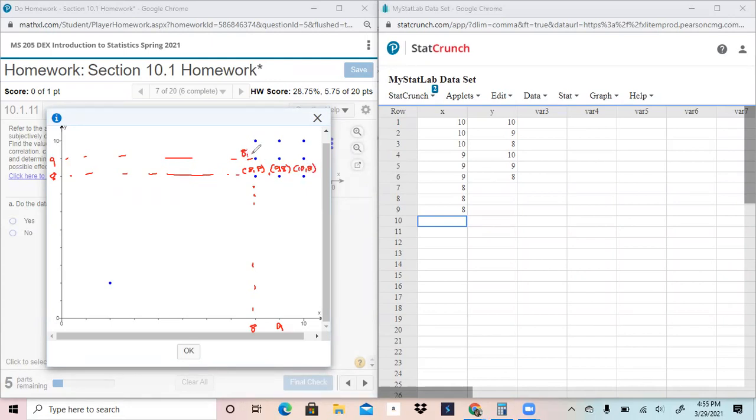And then this would be the point 8, 9, 9, 9, 10, 9, and so on over to 10, 10. So I'm just putting these values in over here. So 10, 9, 8. And then this point is the point 2, 2.